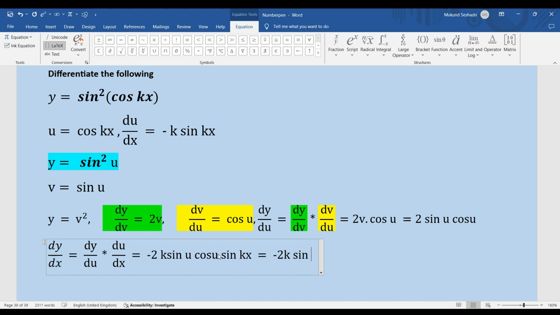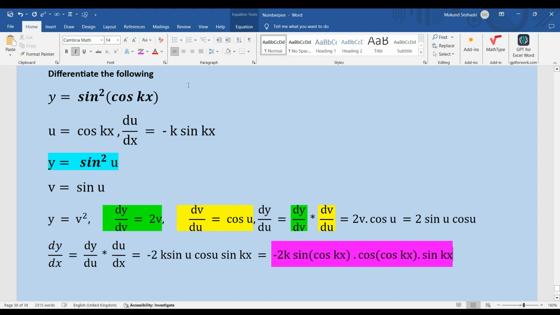My u is cos kx. Let's bracket this out to avoid confusion. Let me highlight this in pink, which is the usual color we are using in all these problems to denote our final answer. So my final answer is minus 2k sine of cos kx dot cos of cos kx dot sine kx.